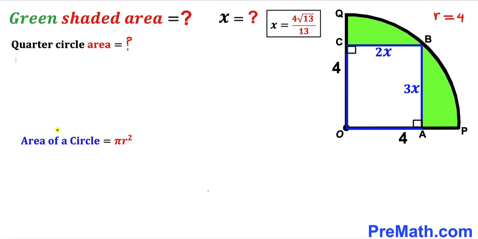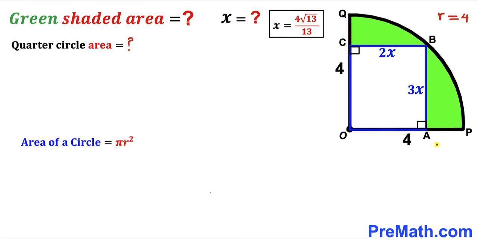Let's recall the area of a circle formula. Area equals pi r square. In our case, our radius r is 4 units. And since we are dealing with this quarter circle, the quarter circle area is going to be this whole area, pi r square, divided by 4.